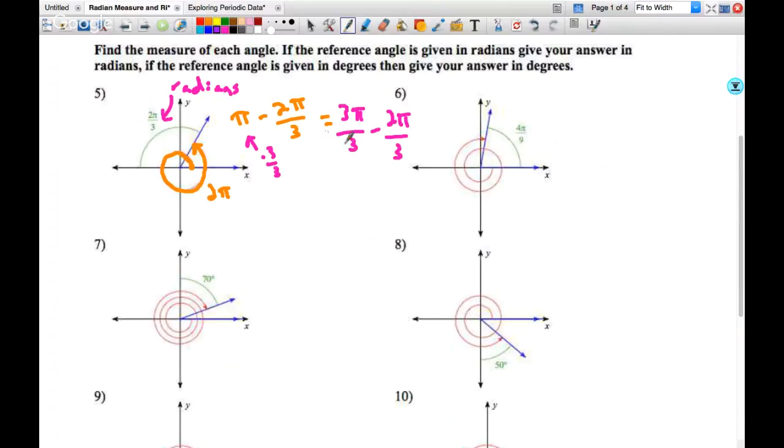That there is equal to pi over 3, or 1 pi over 3. And then we're going to add that to the 2 pi, but I'm going to convert this by multiplying it by 3 over 3. So now I've got 6 pi over 3 plus pi over 3. This rotation here is 7 pi over 3.